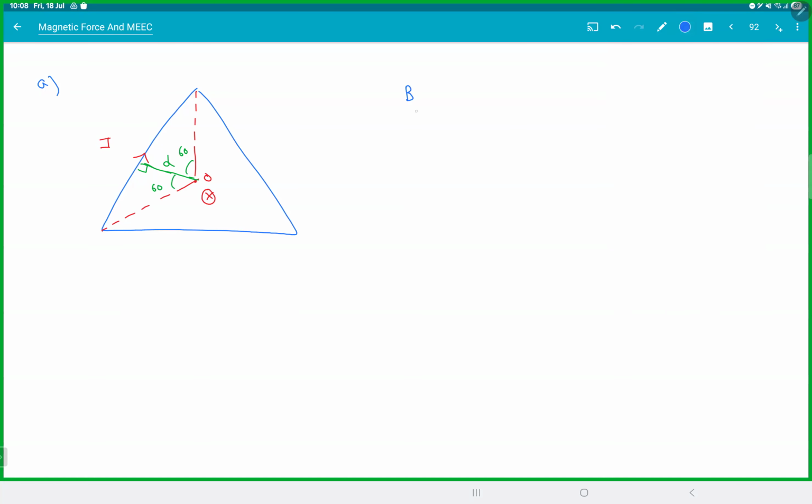So B due to one wire will be mu naught I by 4 pi d. The centroid divides in the ratio of 2:1. So this will be A by 2 root 3. And the angles are sine 60 plus sine 60. So B at the centroid, and you can see all the 3 wires will be in the same direction. It will be 3 times B of the wire.